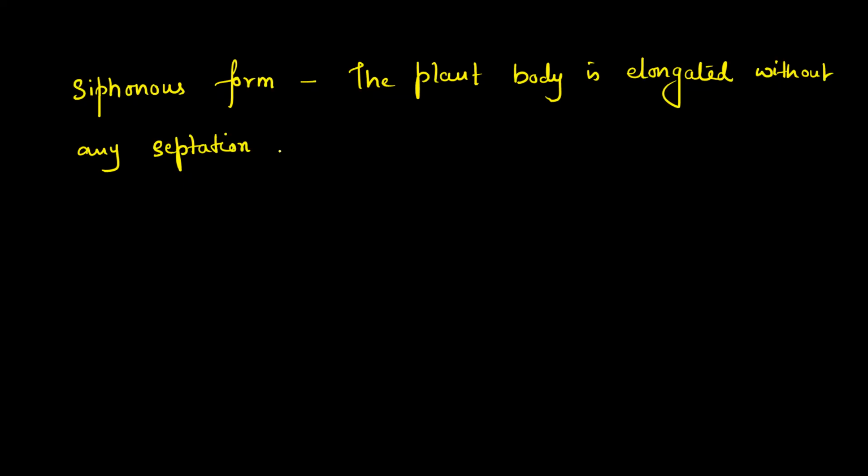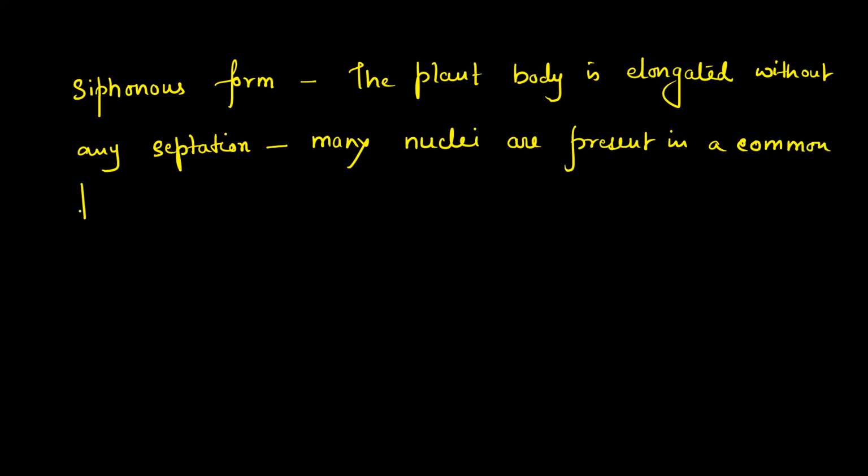Many nuclei are present in a common protoplasm. That means it is implied that many nuclei are present in a common protoplasm. All right. This is also known as coenocytic condition.